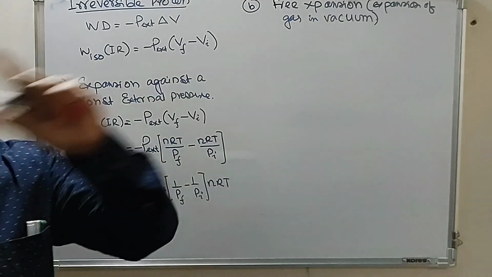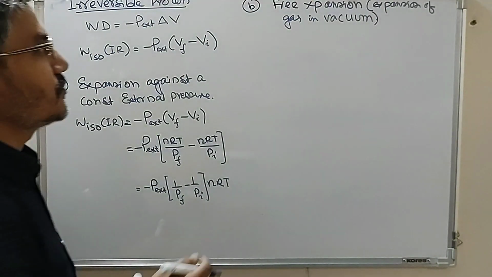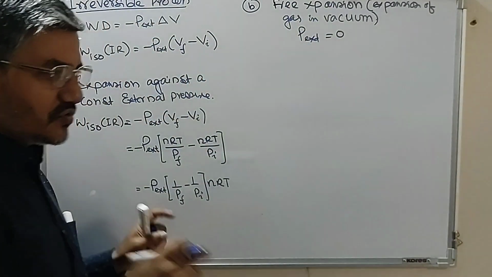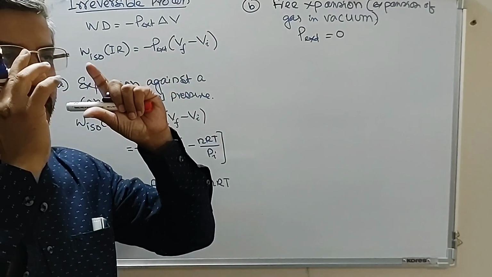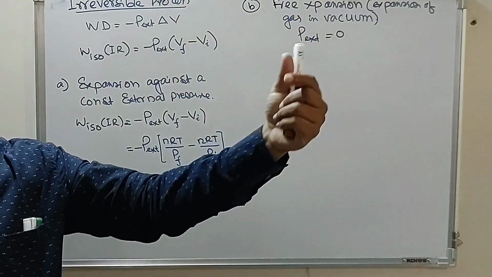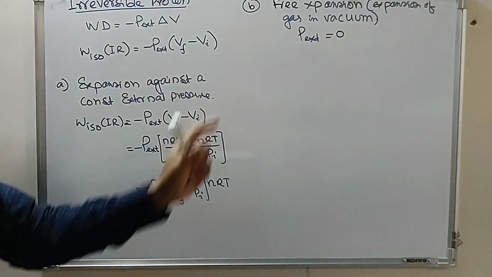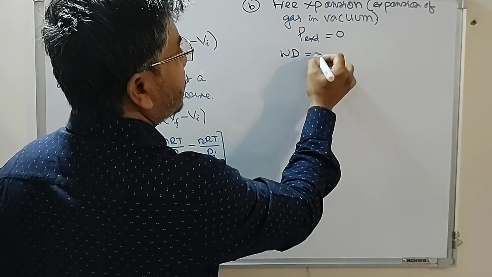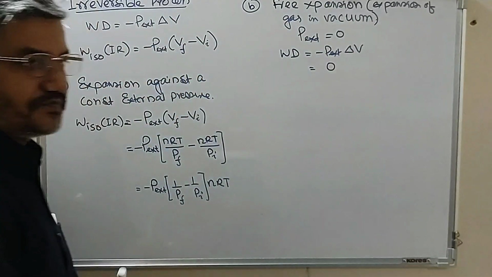So if the gas is expanding in a vacuum, the opposing pressure or the external pressure comes out to be 0. So P external is 0, because we are just releasing this gas into a vacuum. The other container contains no gas, so the opposing pressure will be 0. So if P external is 0, work done, defined as minus P external into change in volume, comes out to be 0.